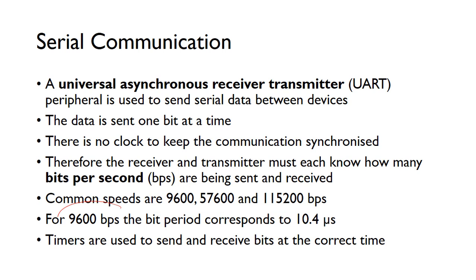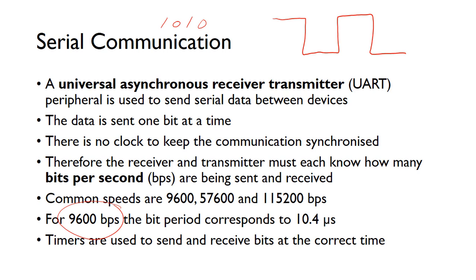So for example, for 9600 bits per second, the bit period corresponds to 104 microseconds. If we wanted to send the value 1010, we'd have a waveform that looked something like this. On the transmit line, we'd have a 1 and a 0, a 1 and a 0.